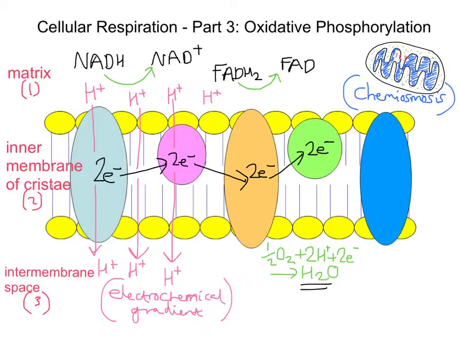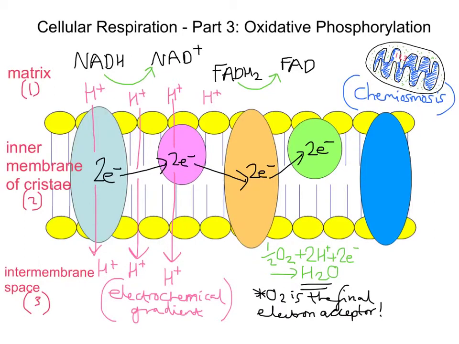So in the mitochondrial matrix, at the end of the transport chain, protons, electrons, and oxygen from the blood combine to form water. So oxygen is said to be the final electron acceptor. And that's something we should really make a note of, that O2 is the final electron acceptor.